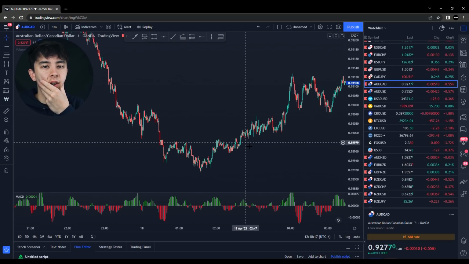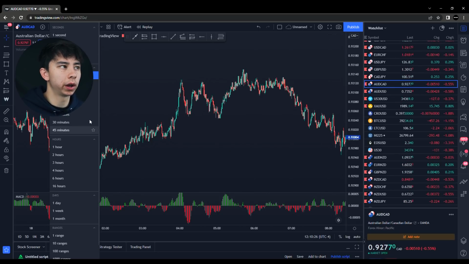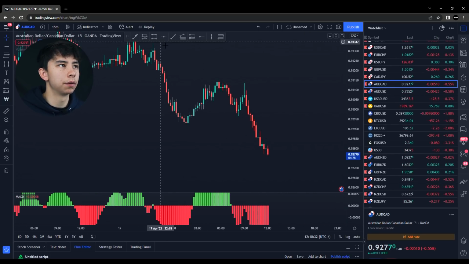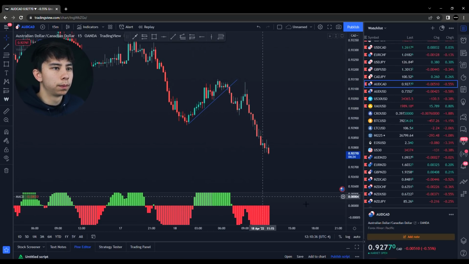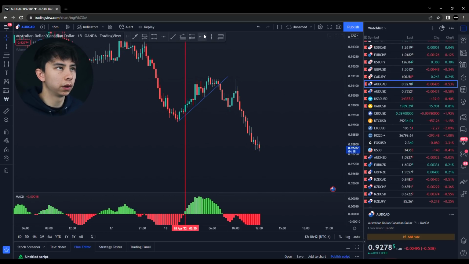So the key to trading like this is you need to know when you're in an uptrend and when you're in a downtrend. So what you can do is jump to the higher time frame, like the 15 minute, and you need to look for when you're having these pulses up. So for example, you are in an uptrend here because look, if you mark out this MACD from this side, to the end of this MACD here, this would be an uptrend.